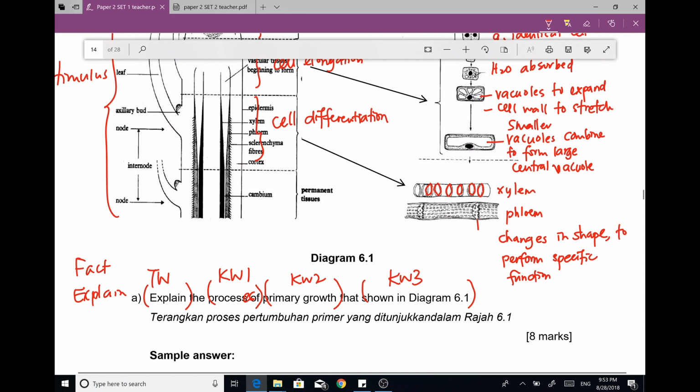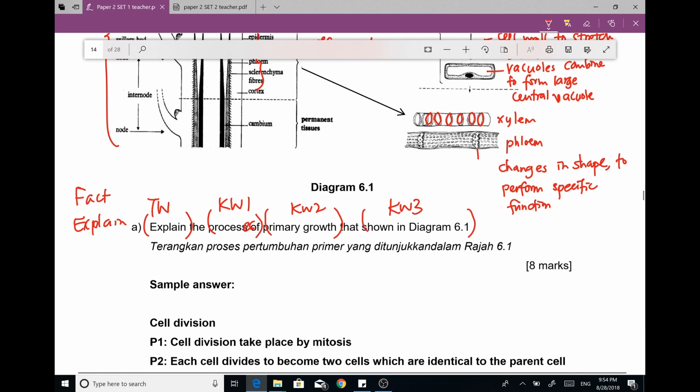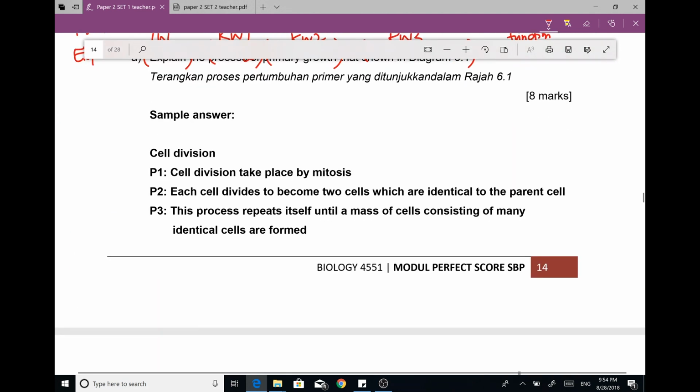Taking xylem for example, the xylem is to transport water and minerals, and the phloem is to transport organic substances. Alright, so I guess we have enough points and ideas to construct our essay. Then we really start constructing our essay.